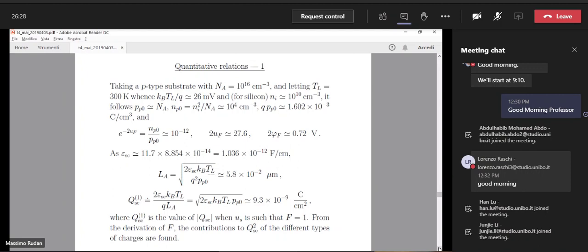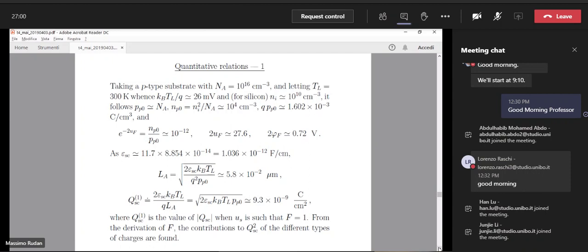We already encountered the permittivity of silicon. Permittivity of silicon, as you remember, is equal to the relative permittivity, that is 11.7, times the permittivity of vacuum, that is 8.854 10 to the -14 Farad per centimeter.